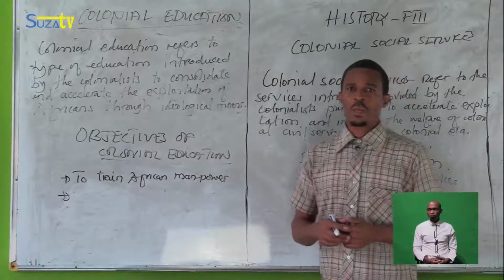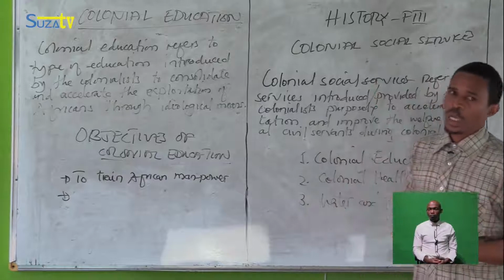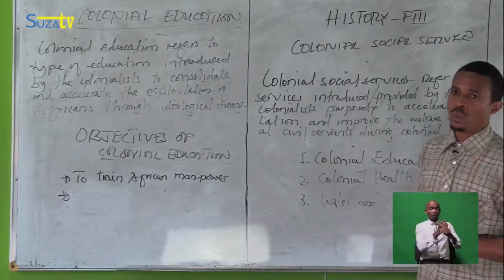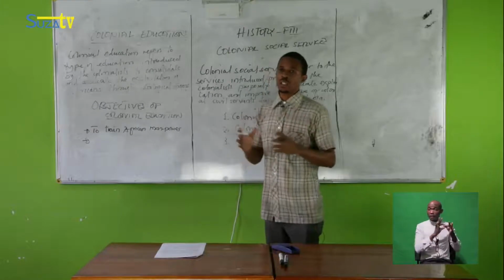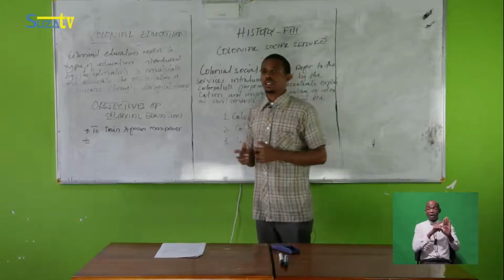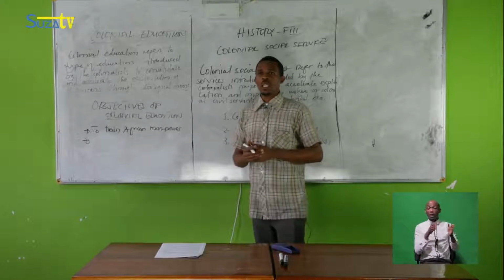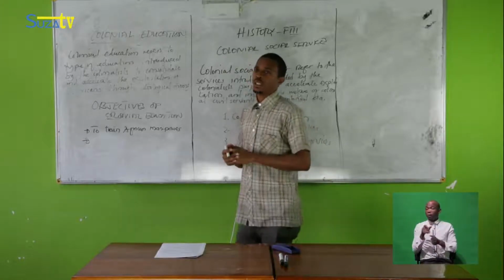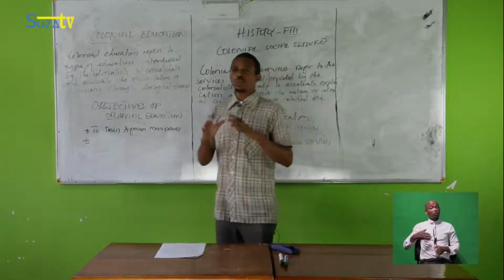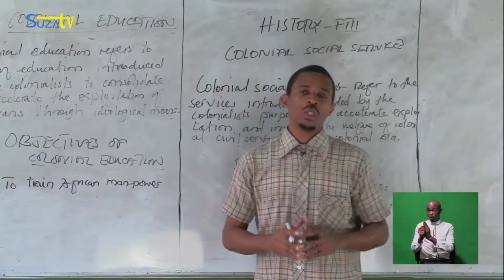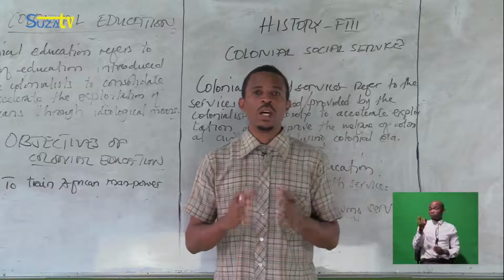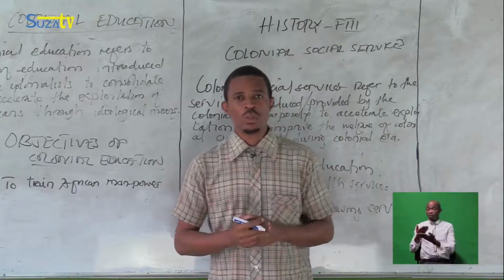Okay? Colonial education also intended to divide the Africans into two classes. Simply, as people say, when you want to rule or to control the people, you are required to divide them into classes.